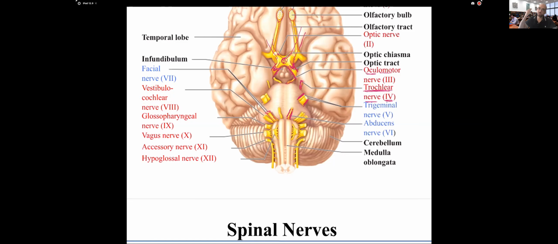So those sensations are sent from the internal ear, or the inner ear, from the different organs of the internal ear. And remember, we've got 3 different organs in the internal ear. Those are the cochlea, vestibule, and the semicircular canals.